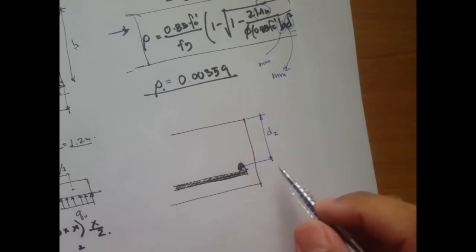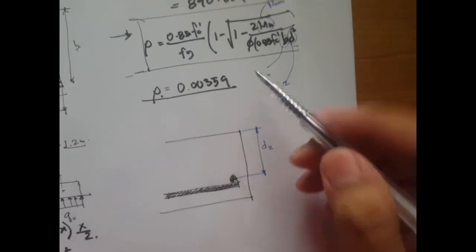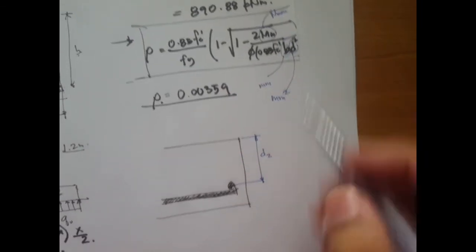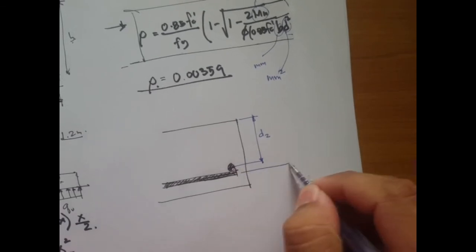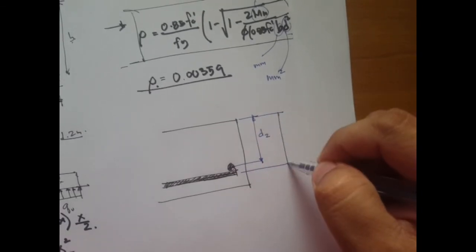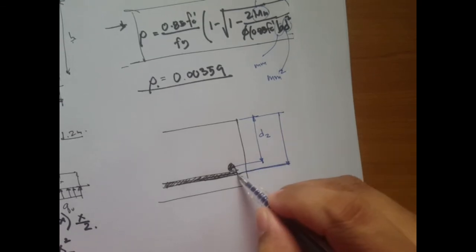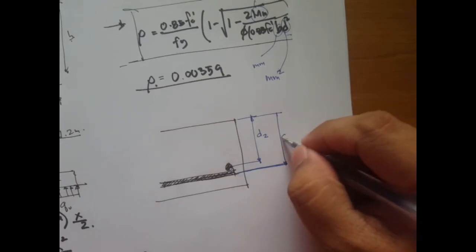Now, for the D that we'll use in this equation for the moment, for this steel ratio, we need to have this D from the top face to the outer face of the bottom steel.